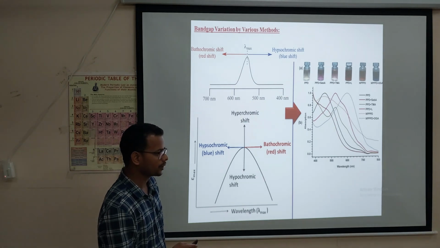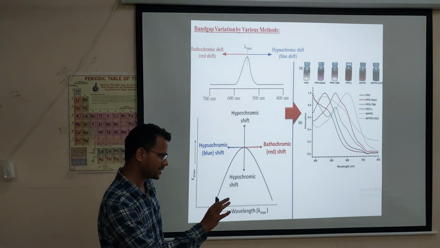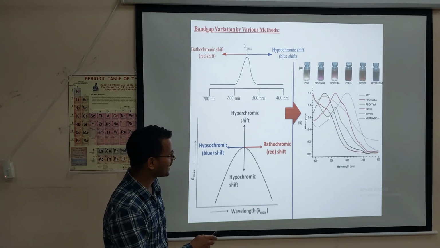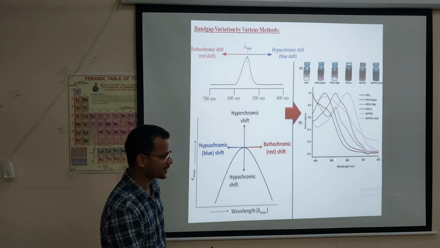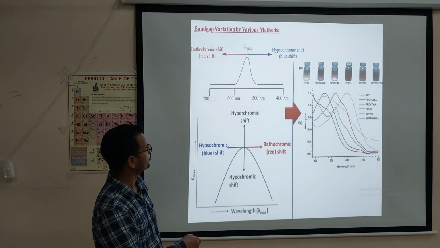Whether it is UV active or visible active is very easy. I will tell you. We have to draw a tangent here, and at the point where it intersects, we take the lambda value and divide 1240 by it using the previous formula.